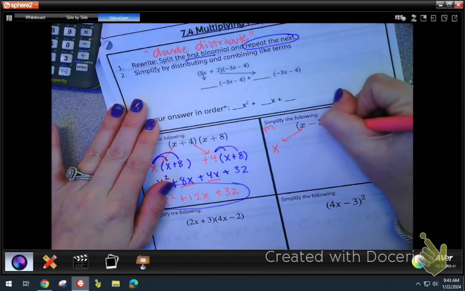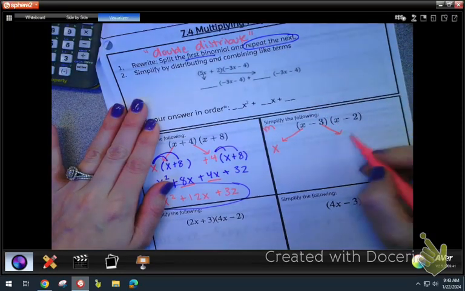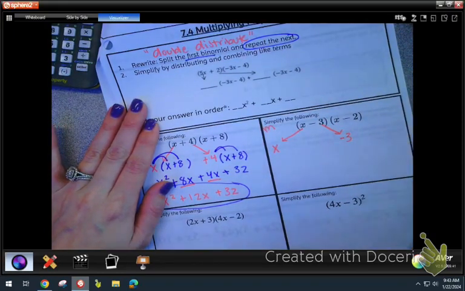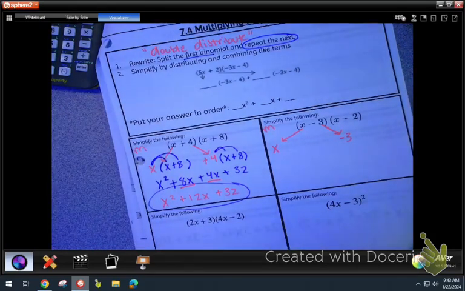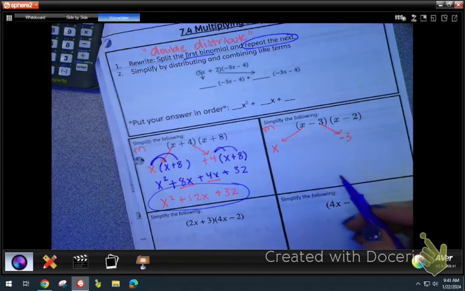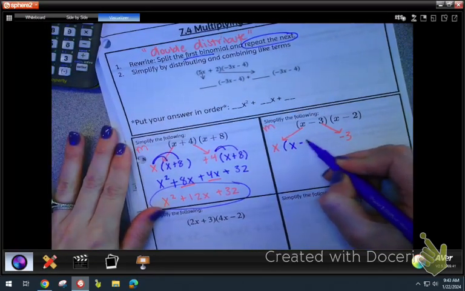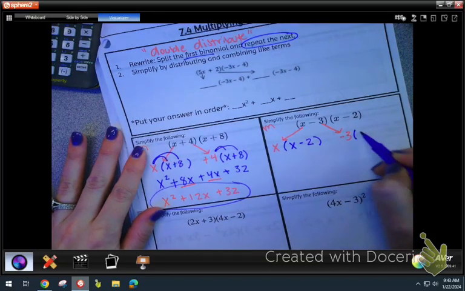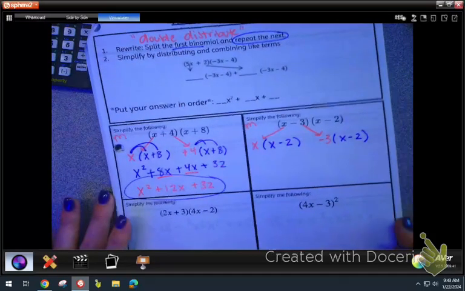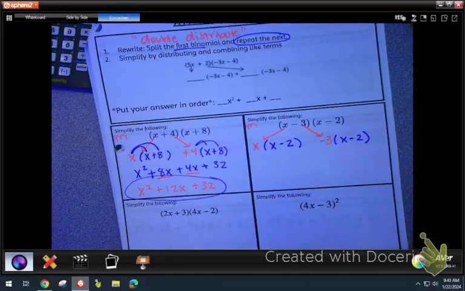I'm going to bring what kind of 3 over here? Negative 3. Very good. Now my second binomial, I'm going to write how many times? Write it twice. So I'm going to put x minus 2, x minus 2. That's the one that repeats. Split, repeat. Split, repeat.